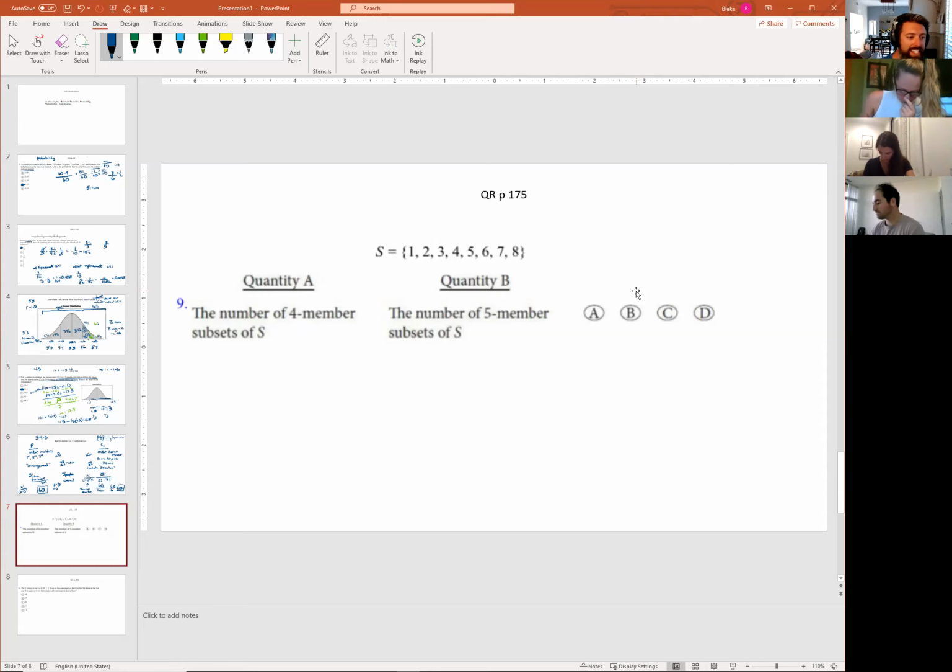And quantity A is the number of 4-member subsets of S. And quantity B is the number of 5-member subsets of S. Now, when they say number of sets, they're talking about either a permutation or a combination.